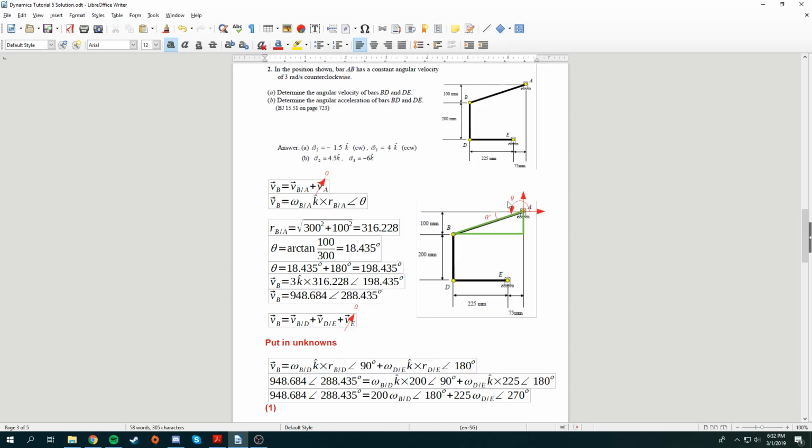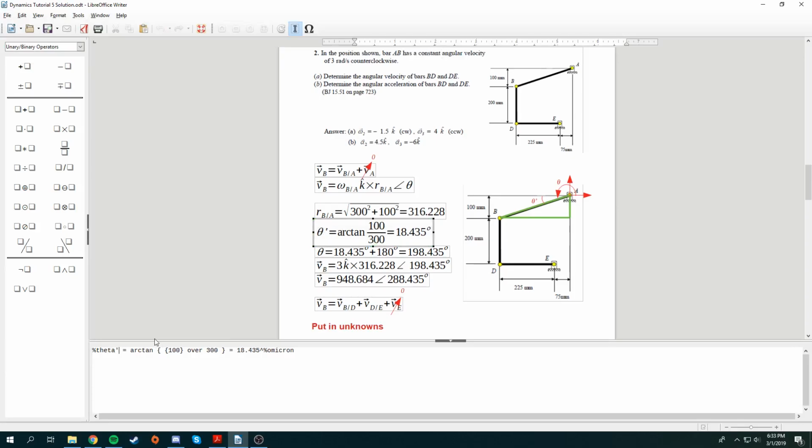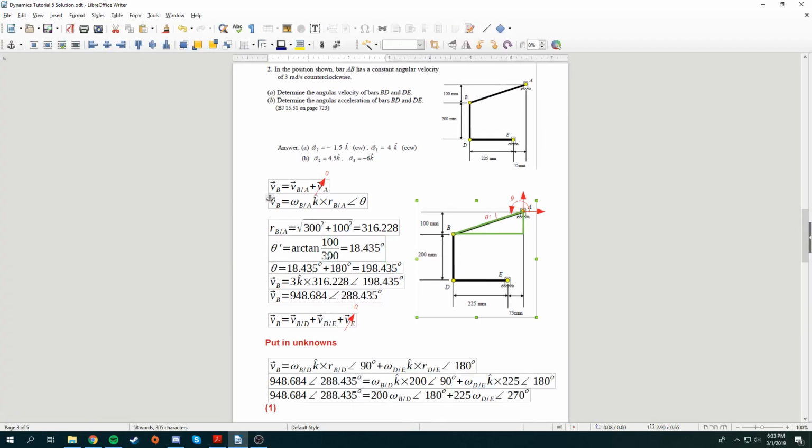The angle theta over here, I'm trying to find out because a vector has the magnitude and the direction. Okay, so how do I find this angle theta? I can use tangent inverse of the y over x, so I can get this theta prime. Theta prime is actually 18.435 degrees, but that's not the angle that we want because it's measured from the positive x axis.